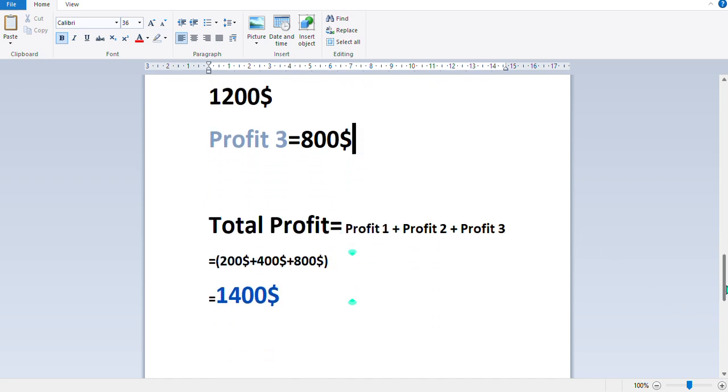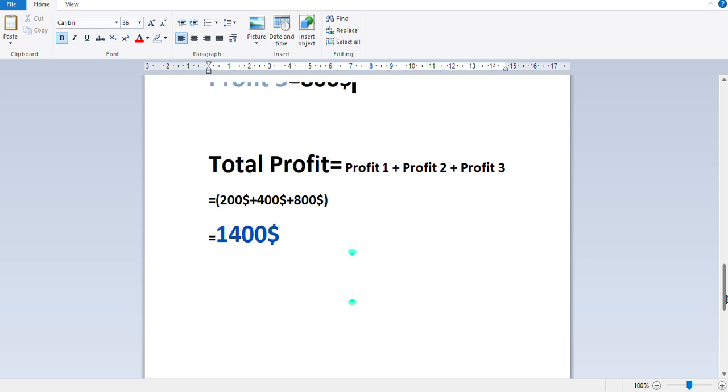Now let's take a look at how much we make in total if we trade that way. You take your first profit, add the second profit, then add the third profit.